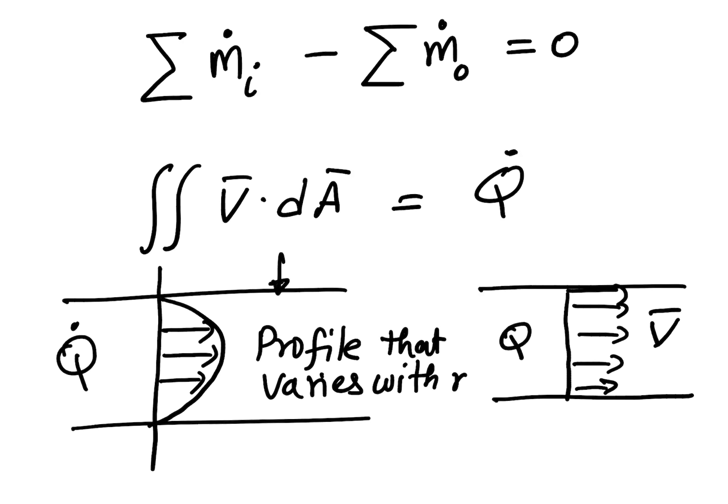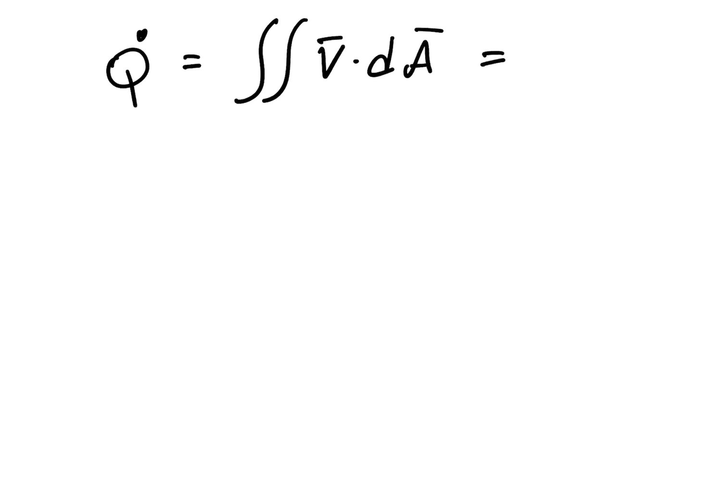So whatever your cross section is, let's say this is A, it's the same cross section here. In both cases, the flow rate and the area are the same. So if you think of it, Q dot, which is integral v dot dA, is also equal to the average velocity times area.